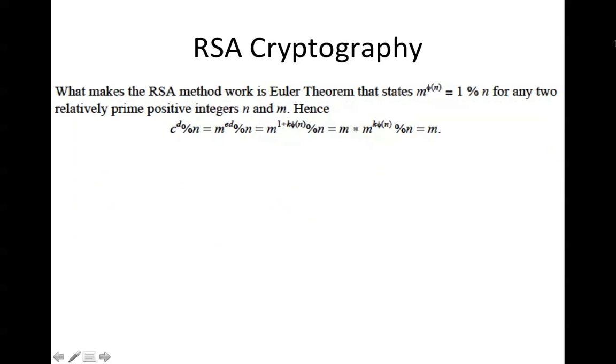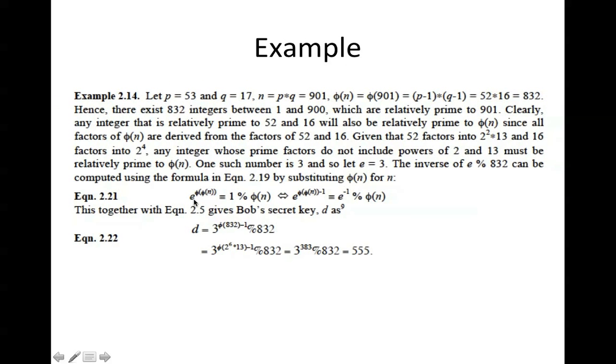In this situation, not N, but the totient of N will be relatively prime. That's how we pick E. E is relatively prime to the totient of N. Therefore, M and N are replaced in this formula by E and the totient of N.